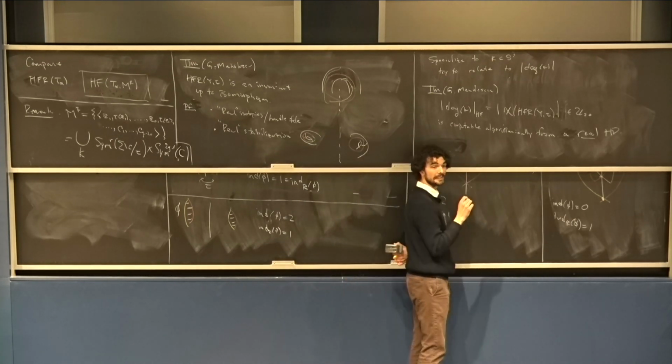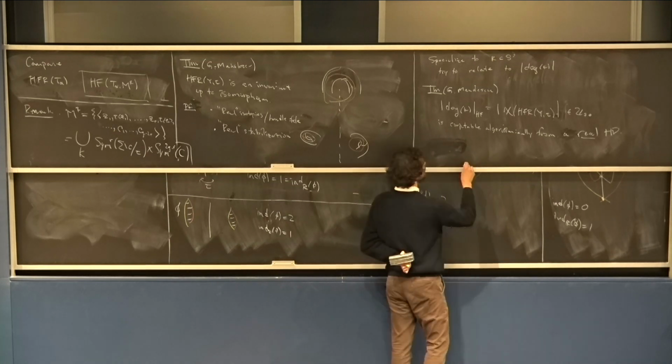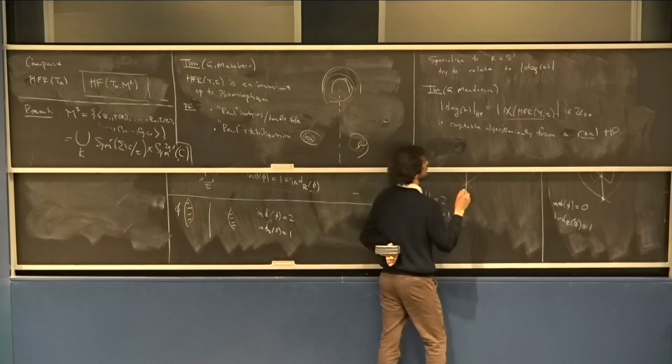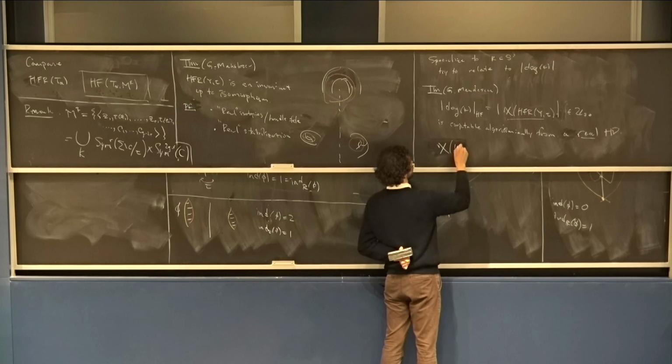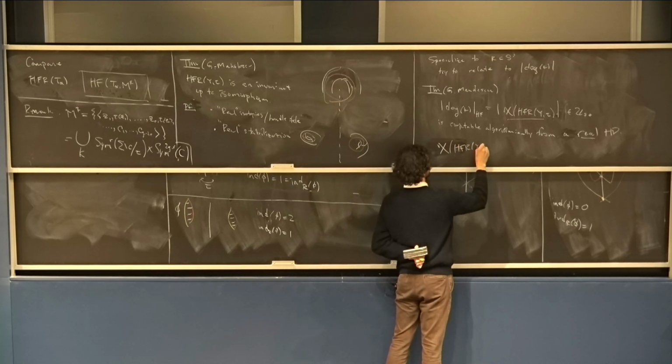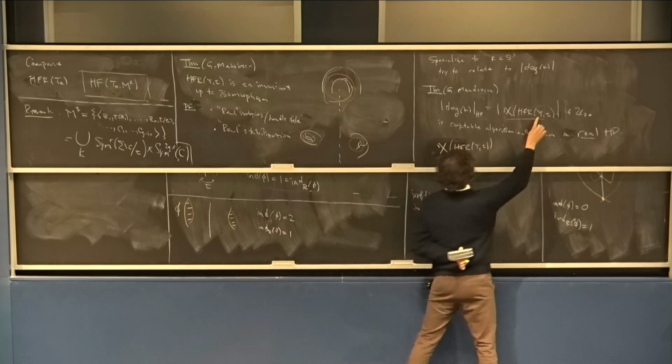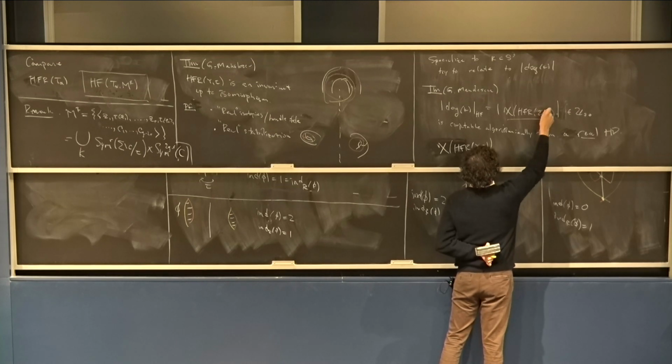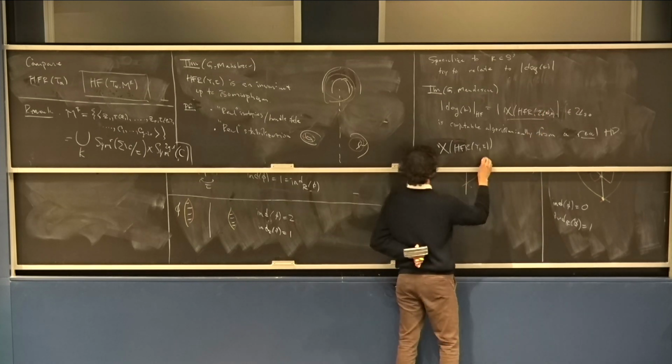So you could ask about the Euler characteristic in every spin^c structure. And so really what I mean here is this Euler characteristic of HF^R(Y, τ), and I should really have written the branched double cover of K with τ here.